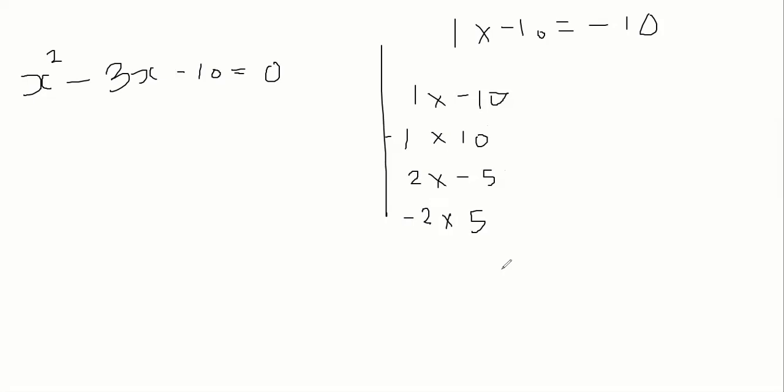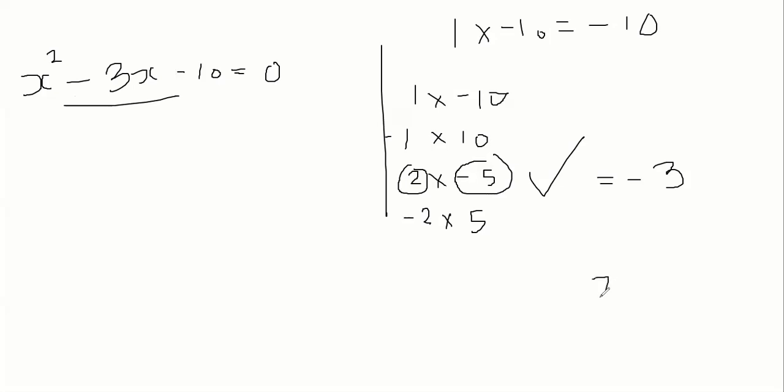Sir, all are not correct, right? This is correct, no? What is 2 plus minus 5? Minus 3, no? Yes, sir. When you add 2 and minus 5, what will come? See, that is what we do, add or subtract. When you add this, what will come? Minus 3. We have to see which of these four factors, when we add or subtract them, gives us this. When 2 and minus 5 are added, minus 3 came. Agreed?